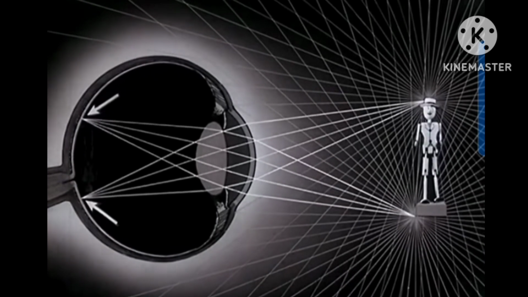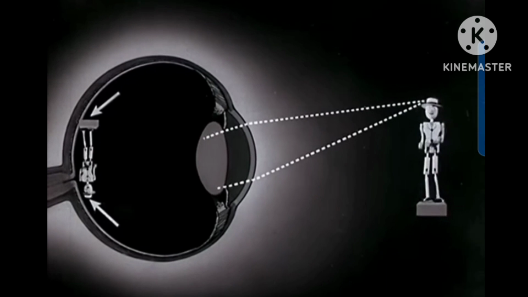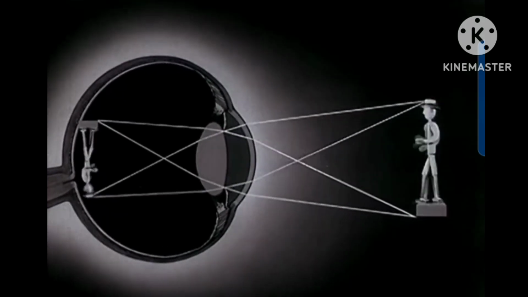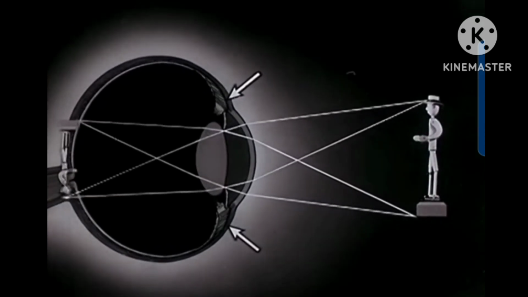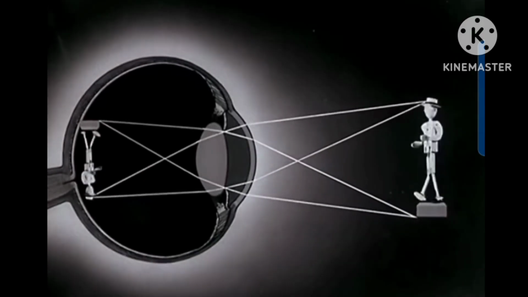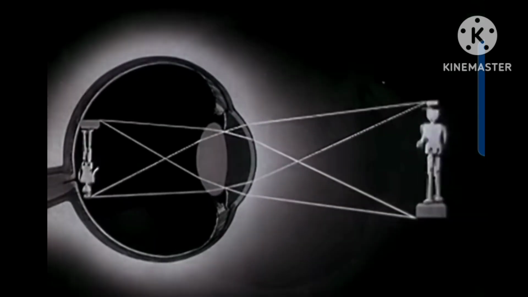In this way, a clear image of the object is built up. Because the rays cross, the image is upside down. The muscles attached to the rim of the lens regulate the curvature of the lens surface so that the image falls on the retina and is seen sharply.